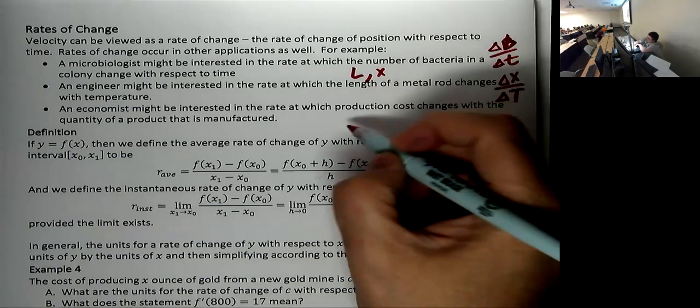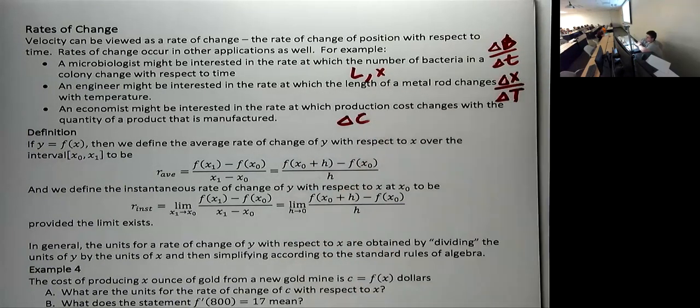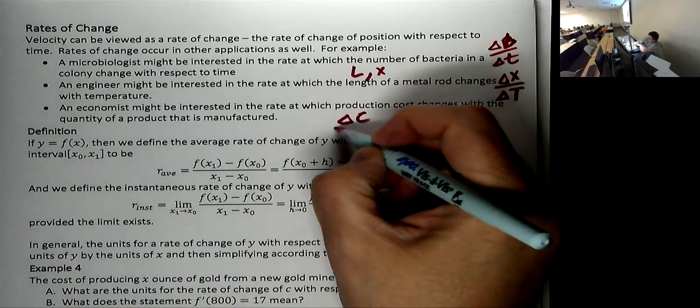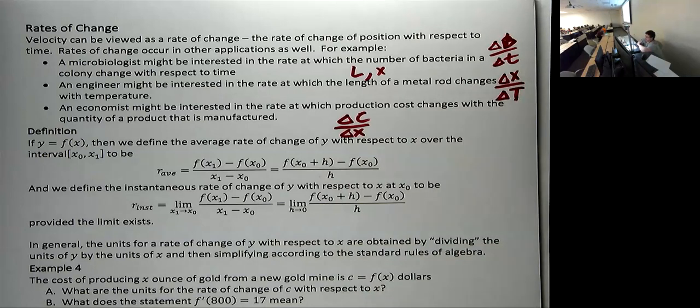So when cost changes, we tend to use delta C for cost. And it might be related to how many, well, definitely related to how many units you produce. Oftentimes we'll just use X for units.